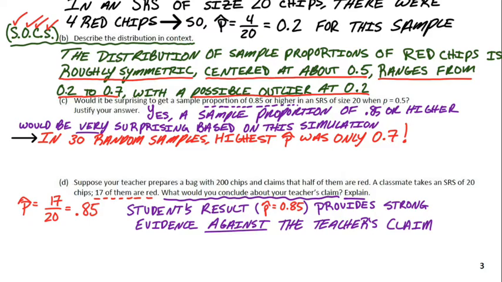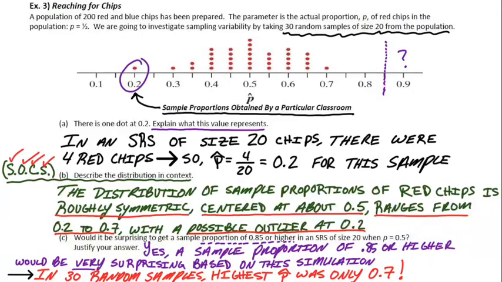The teacher's claim was that it was 50-50, so there was half red. But if it were half red, we would expect the chances to model something like this. And we already said that for this distribution, 0.85 or higher, very unrealistic. And this one was truly 50-50, red and blue.